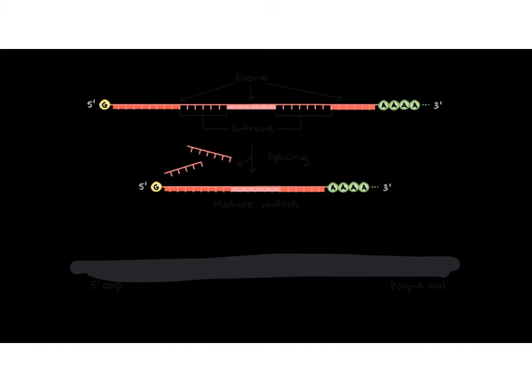So this is the processing of that pre-mRNA. So we have these hollow spaces in here and these coloured spaces here. The coloured spaces are exons because they are going to be expressed, and the non-coloured sections are introns, and they're going to be spliced out to create a shorter sequence.